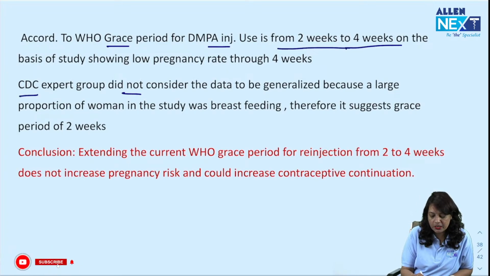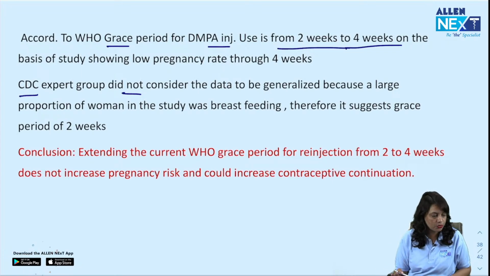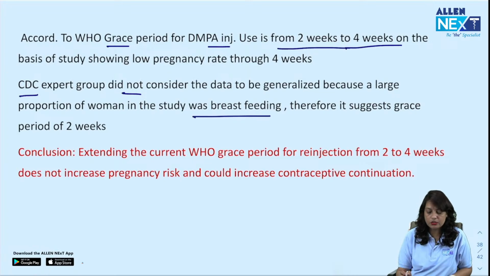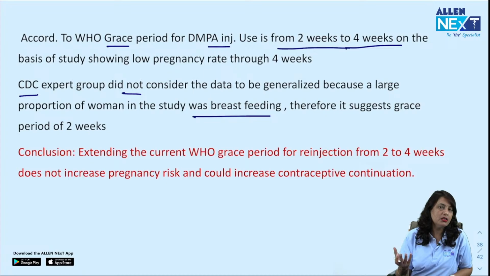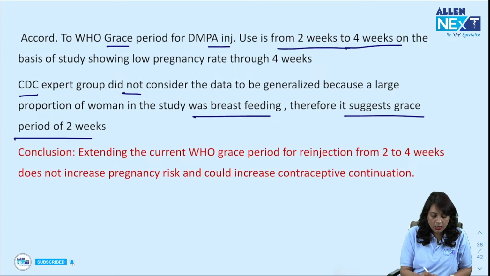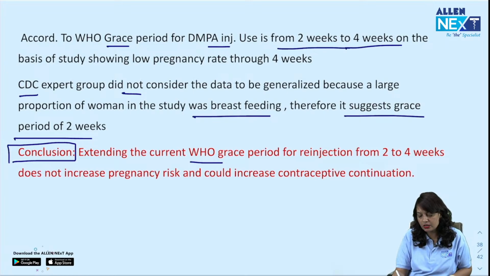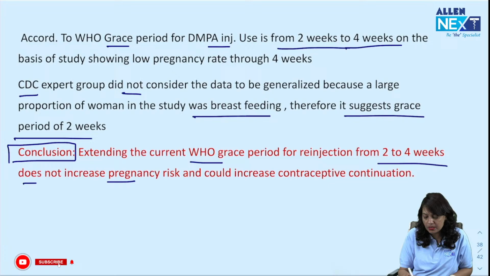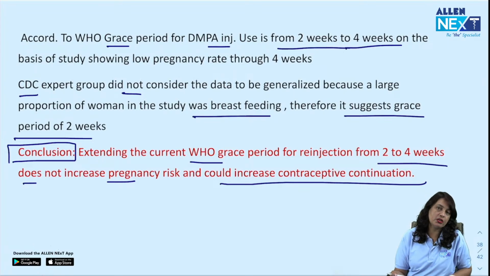But the CDC experts did not consider this data as generalizable, because in the study done under the WHO, mostly the females who used the DMPA injection were breastfeeding females. Anyhow, they are getting periods, or they may be having amenorrhea because of the lactation. So it suggests the grace period should be 2 weeks. In conclusion, extending the current WHO grace period for re-injection from 2 to 4 weeks does not increase the pregnancy rate and could increase contraceptive continuation, because we don't want the female to stop the contraceptive method.